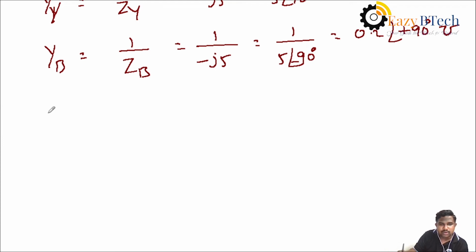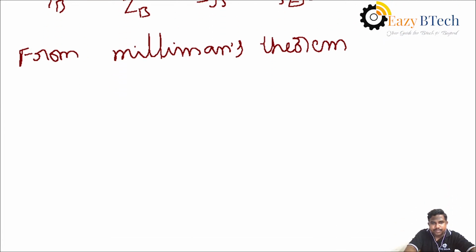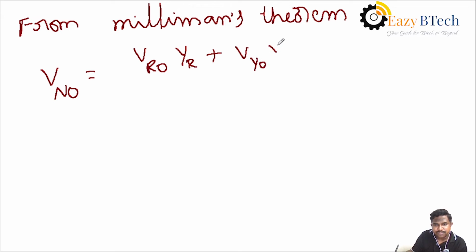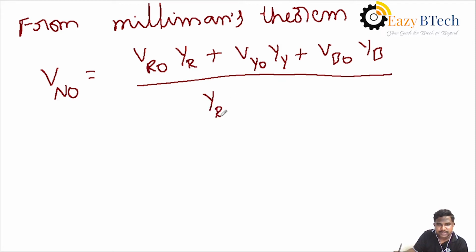Then, from Millman's theorem for an unbalanced system, the formula for the voltage between the two star points, VNO, is VRO YR plus VYO YY plus VBO YB, divided by the total admittance YR plus YY plus YB.